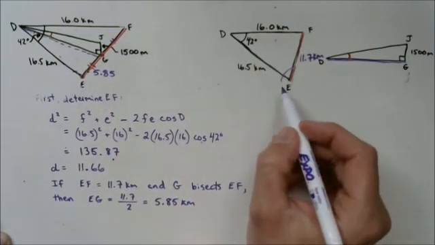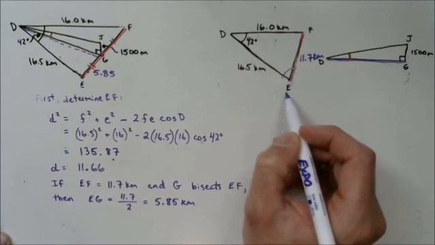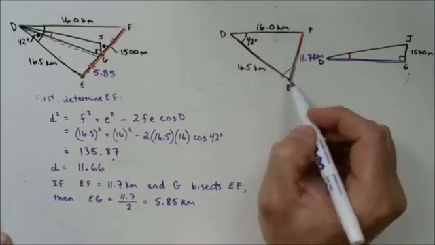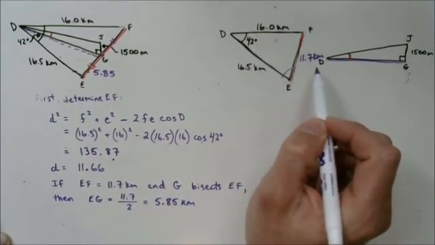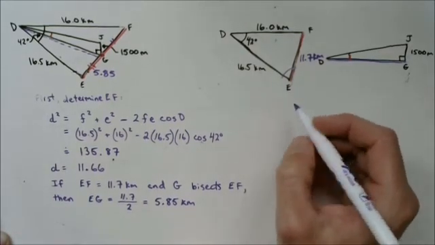So step by step here, we're now looking at this triangle in order to solve for angle E. We have its opposite side length, and we have this guy opposite. Okay, we also have, well, let's just use that. That's the easiest way to go.